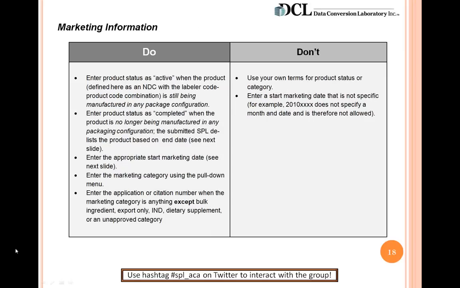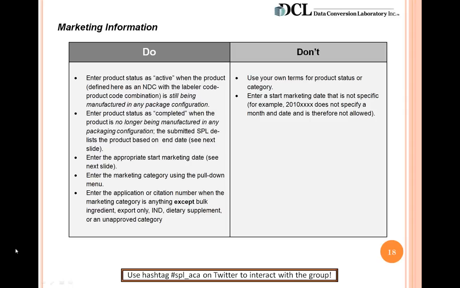For the marketing information, you enter the product status as active when the product is being marketed. Now there are different terminologies. To the FDA, a product is the Labeler Code product code combination. And as long as that product is available in any package configuration, you're marketing a product with a particular Labeler Code product code combination, the product is active if it's still being manufactured.